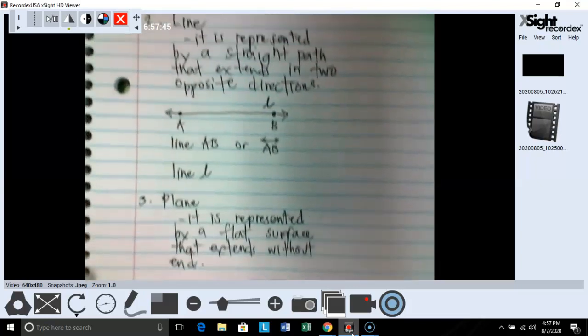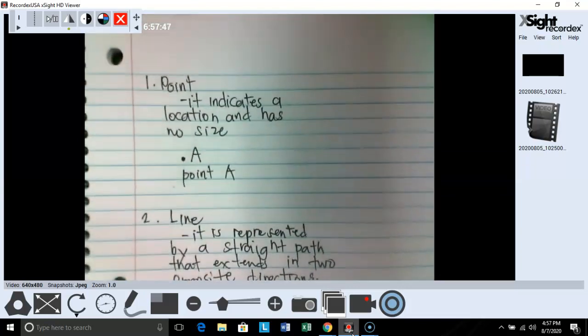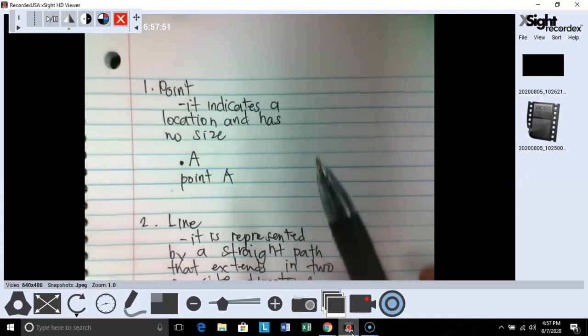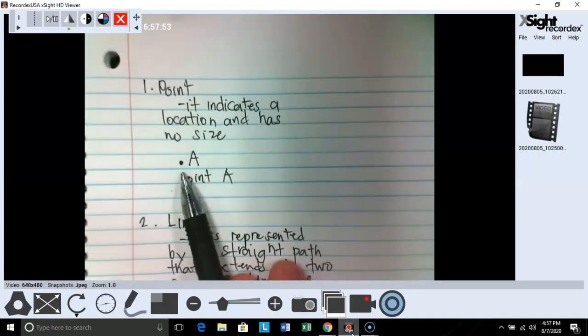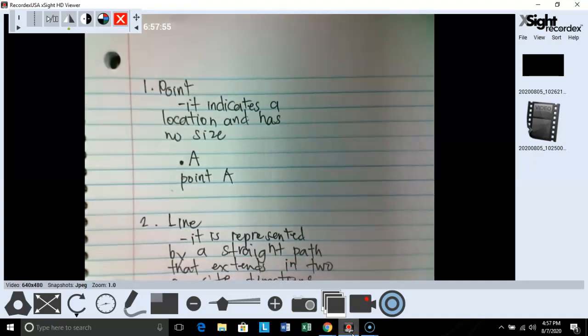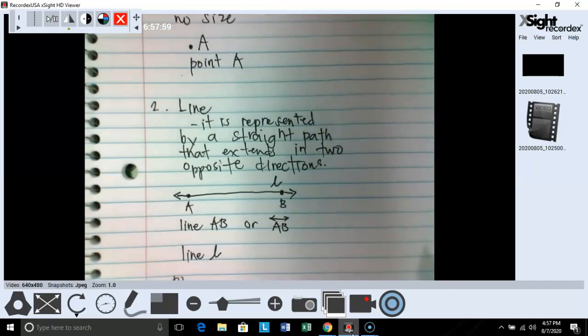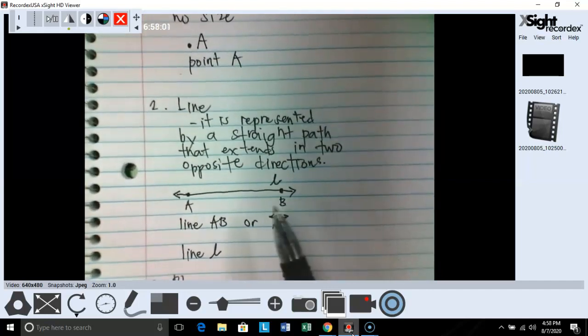So just a recap. Going back to the upper portion, a point indicates a location and has no size. This is how we draw it, and this is how we name it using a capital letter, point A. Number 2, a line is represented by a straight path that extends in 2 opposite directions. That's a line with 2 arrows on both ends.